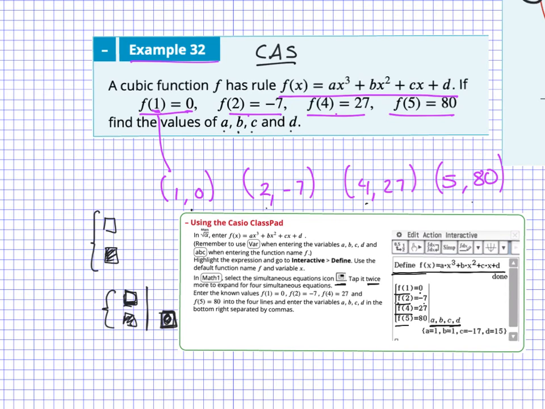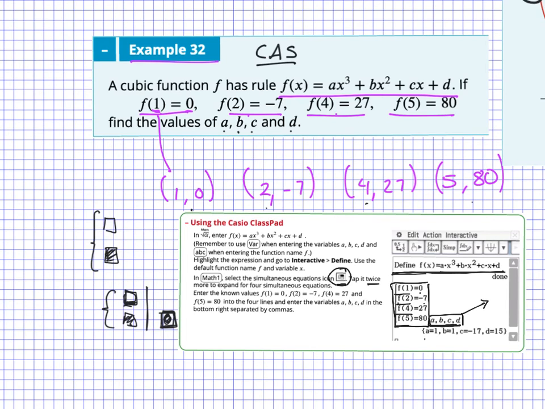So you need to put in this box here what you're solving for. On the left-hand side, you put in the equations that you're using simultaneously. So first of all, define your function, then hit this box button, and then enter your equations and variables.